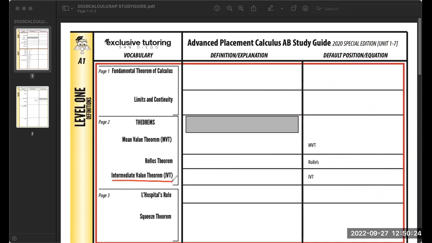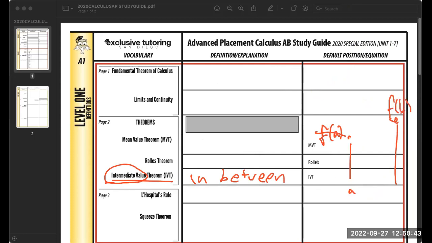Now, intermediate value theorem, I don't want you to think too much about it. Intermediate value just means in between, okay? So the values in between must exist. So if you have f of a, which is at a, and f of b, which is at b, you can imagine that if you understand that price or elevation went from here to here, that's all you're given.